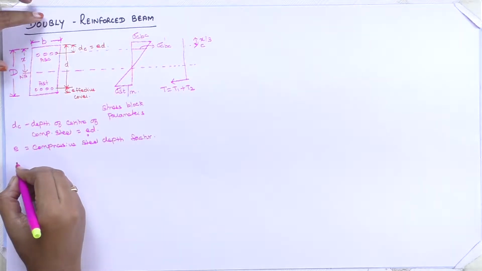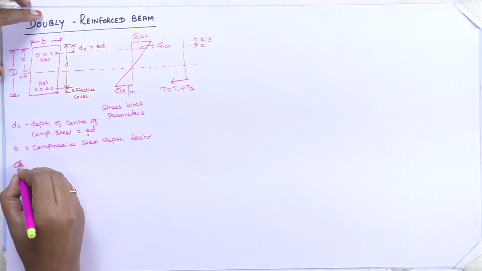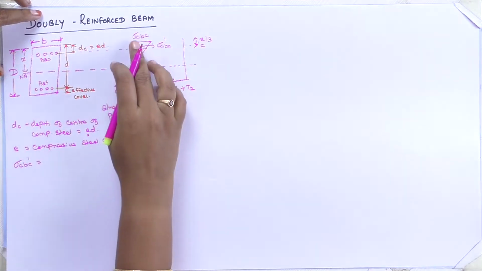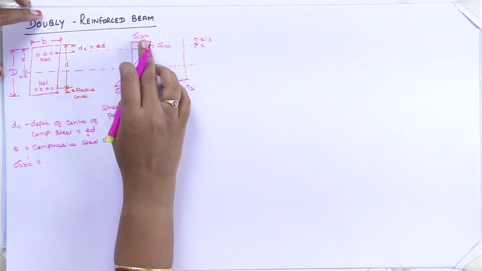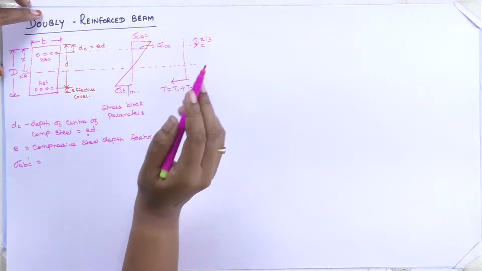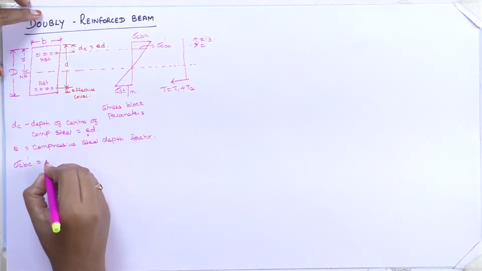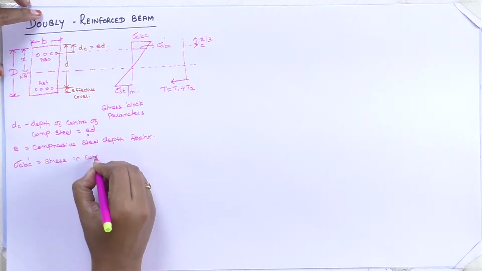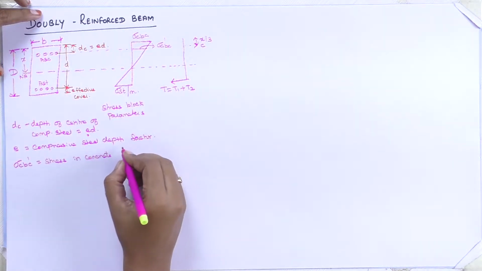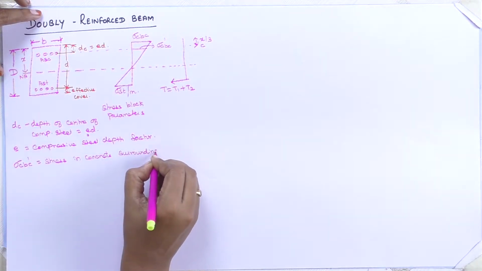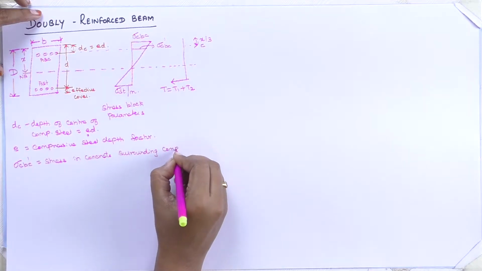Then what is meant by sigma CBC dash? Where sigma CBC is permissible compressive stress in bending compression, whereas sigma CBC dash we can call stress in concrete surrounding compression steel.